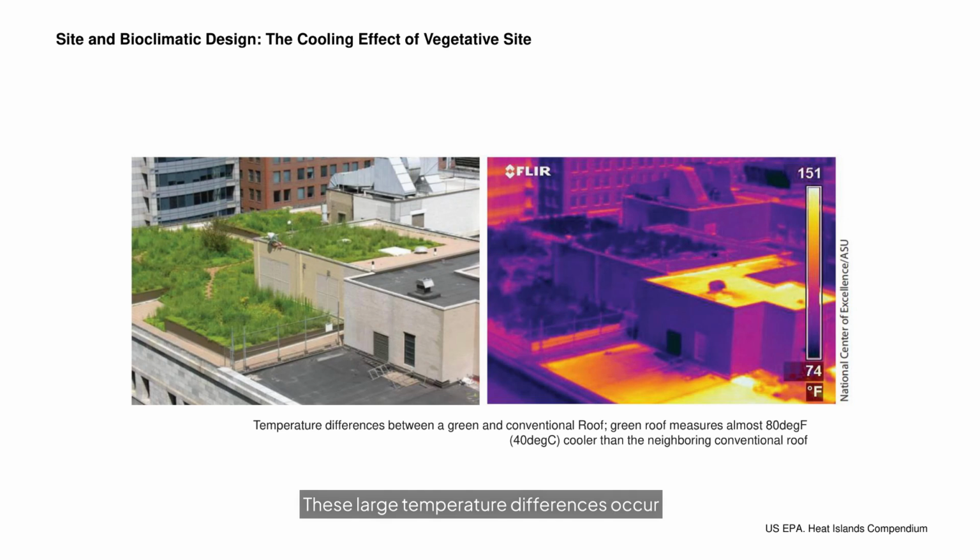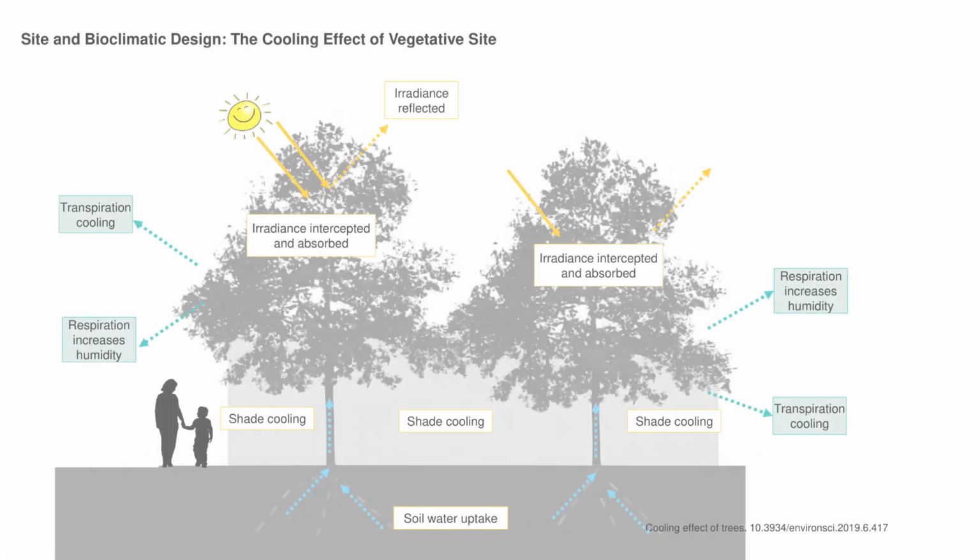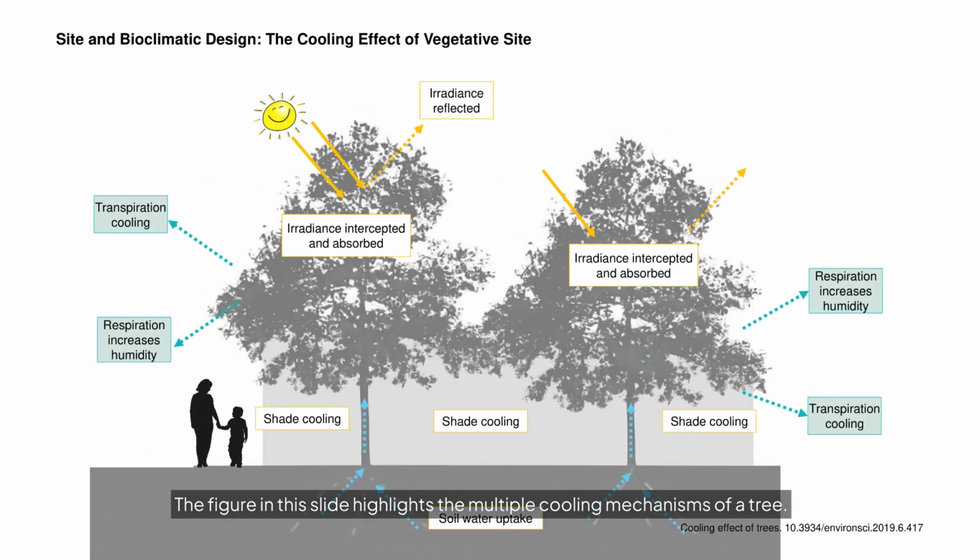These large temperature differences occur because plants and soil provide shade and dissipate heat. Incorporating green roofs as a bioclimatic strategy not only reduces temperature, but also helps mitigate the heat island effect and surface water runoff.